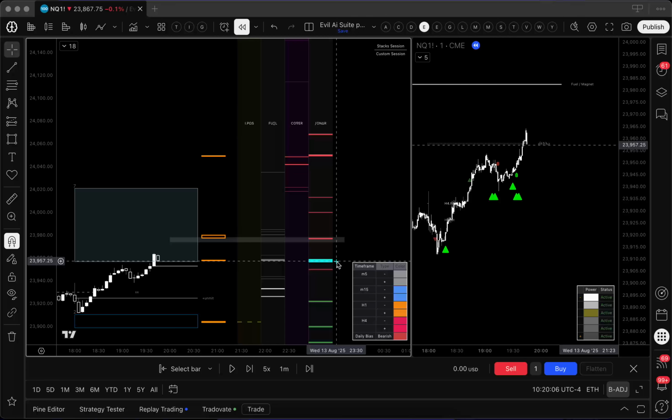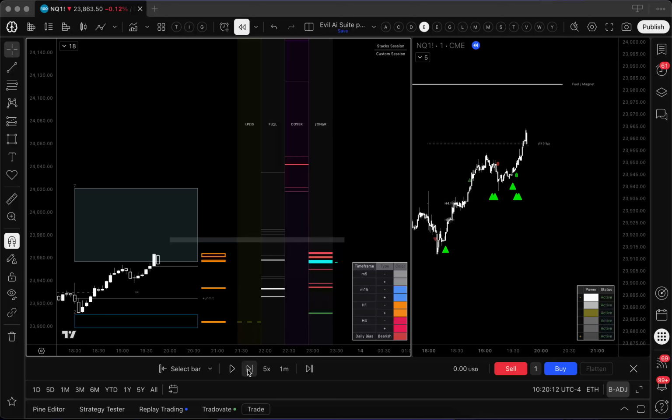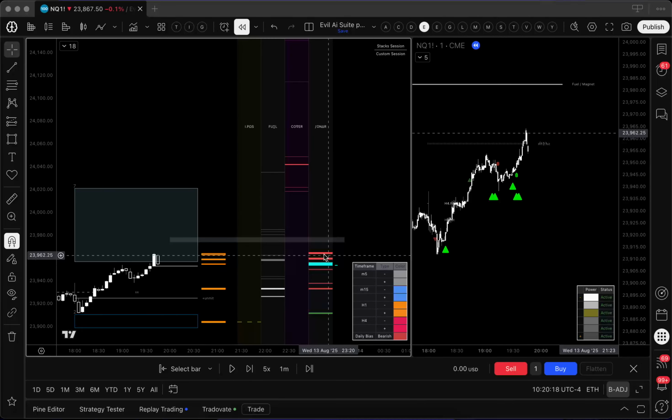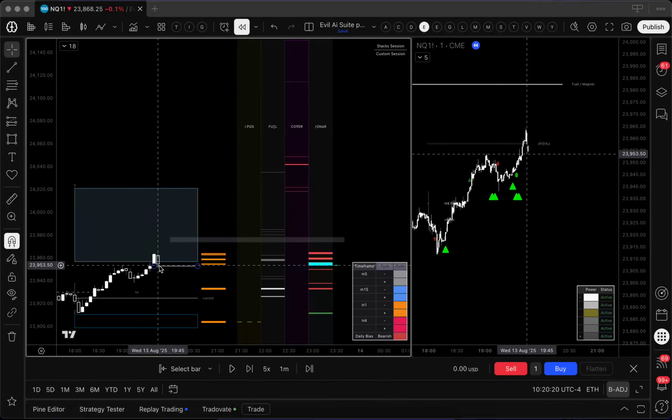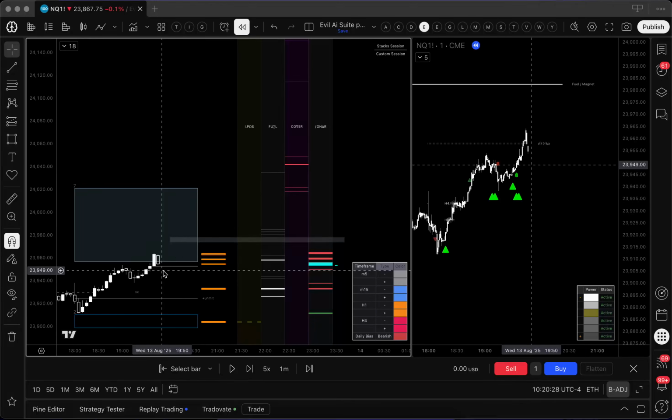It's actually not such a bad thing if we can trap some longs, right? So let's see what happens. So now we have suddenly a lot more selling. So the single candle displacement, if it happens here, I am absolutely going in. So we just want a body close below that candle.